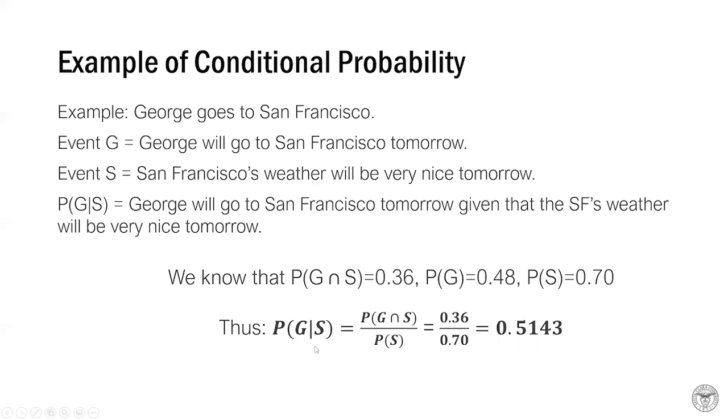Using the conditional probability equation, it is not hard to get the probability of G conditional on S is equal to the probability of G intersection S divided by the probability of S, which is equal to 0.36 divided by 0.7, equal to 0.5143.